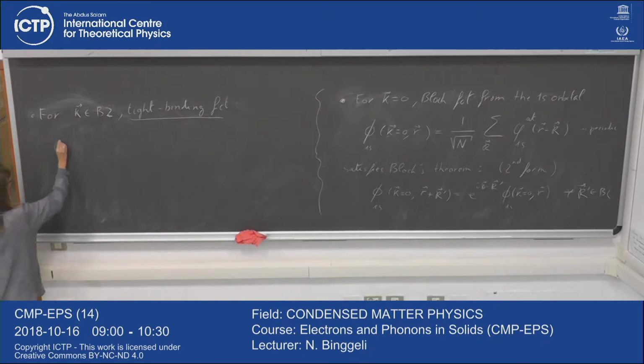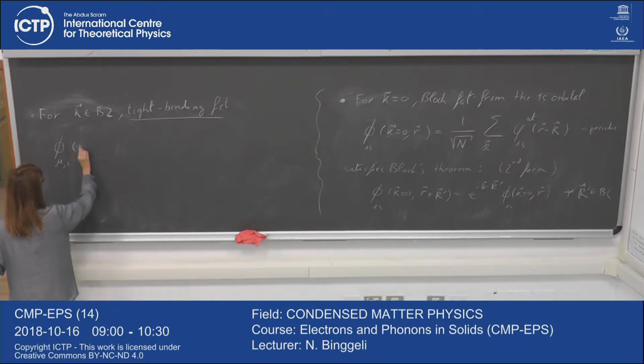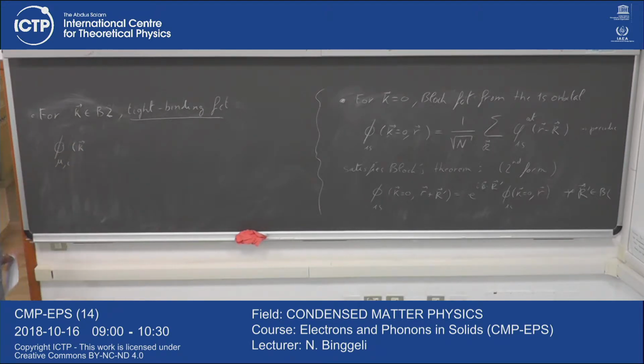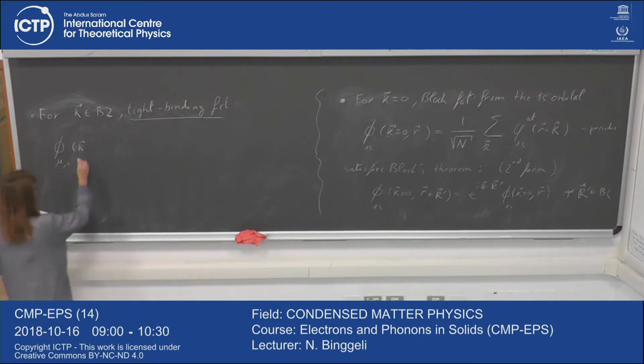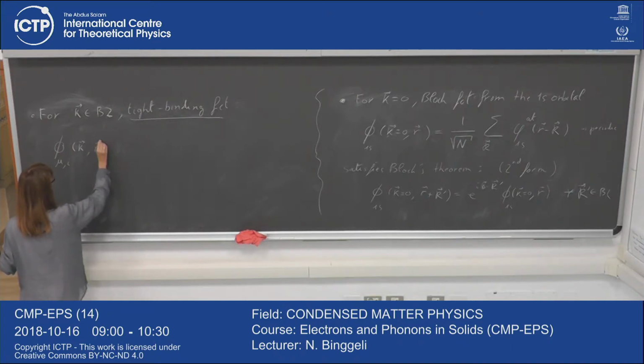So I will write it, the tight binding Bloch state for the atom mu and the orbital i at a k point that is non-zero.